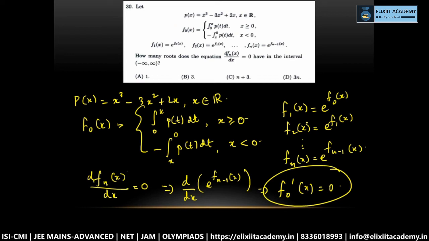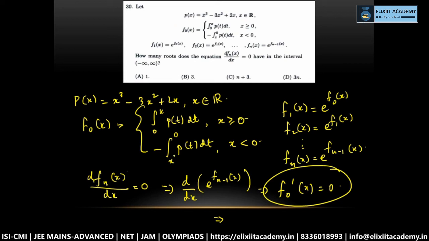If you keep on going by this process, f0 prime x is equal to 0. So basically you are simplifying your question, dfnx upon dx equal to 0, into this form. See how you are simplifying this question. This question is now reduced to f0 prime x equal to 0.